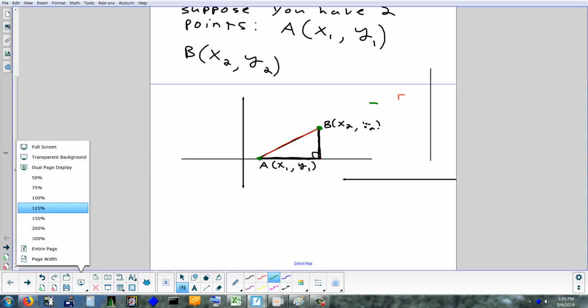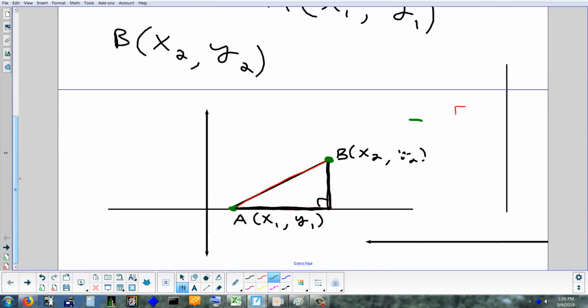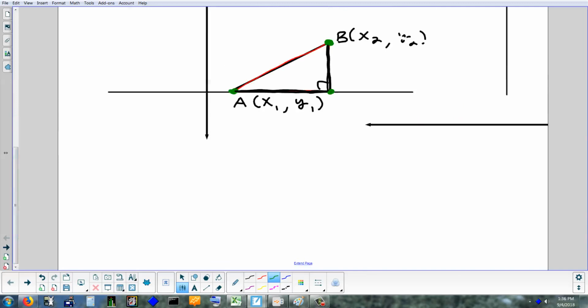Well, let's make it a little bigger. Let's put a green dot right there. It's not really part of the problem. It's not the distance between A and B, but it does have a coordinate. Let me fix that. y2.